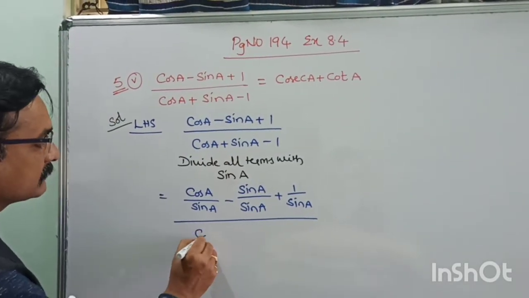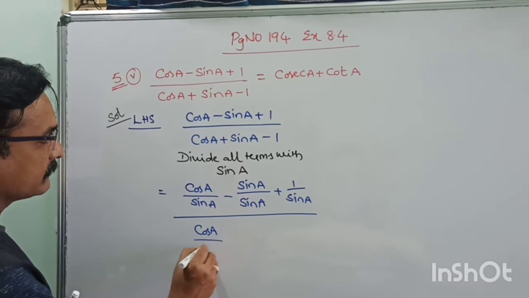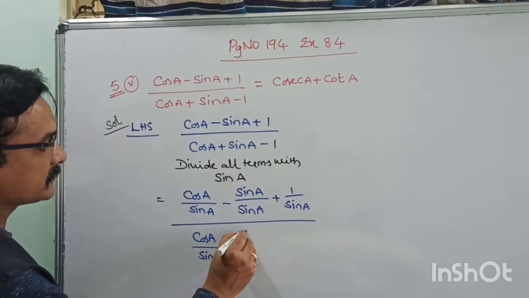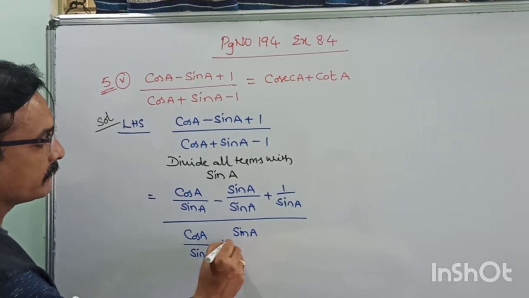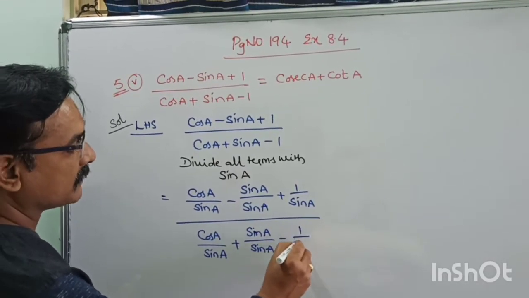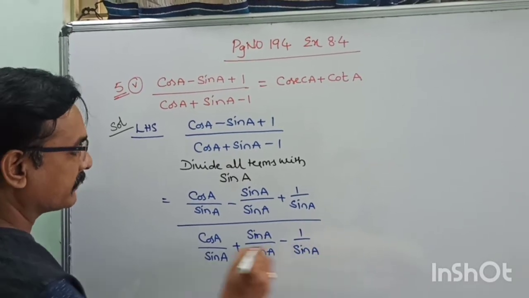Now the denominator: cos A by sin A plus sin A by sin A minus 1 by sin A.